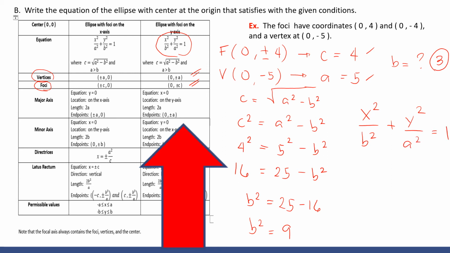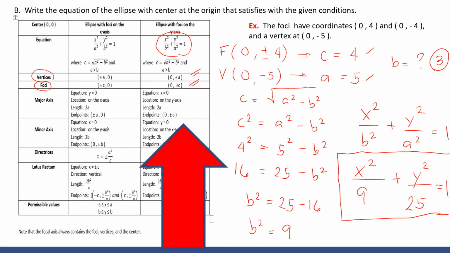Gawin natin, copy x squared, and then we found out that b squared is 9, so isulat natin, plus y squared, copy, and then a squared, so happen that a is 5, lumalabas, a squared is 25, and then equal to 1. So ito ngayon, ang ating sagot doon sa hinahanap nating equation. So, this is it.